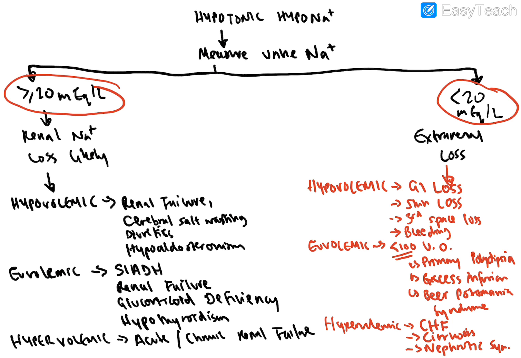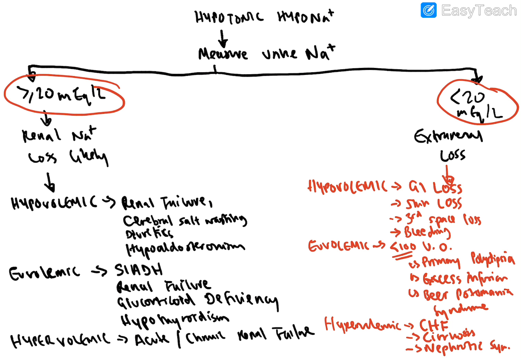If a patient is hypovolemic with increased urine sodium, causes would be renal failure, cerebral salt wasting, diuretics, and hypoaldosteronism. If a patient has increased urine sodium loss and has hypotonic hyponatremia and they're euvolemic, you would think of causes such as SIADH, syndrome of inappropriate antidiuretic hormone secretion, renal failure, glucocorticoid deficiency, and hypothyroidism.